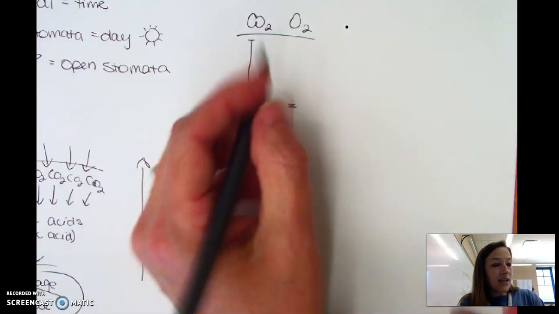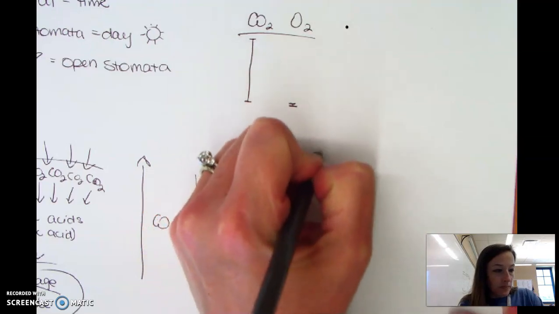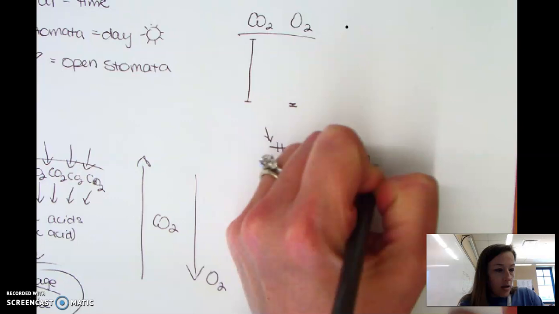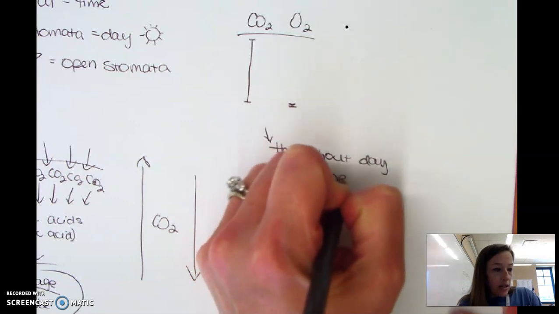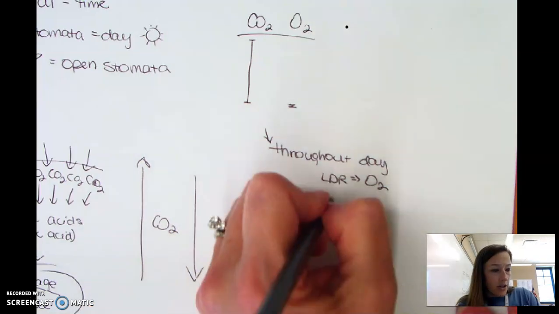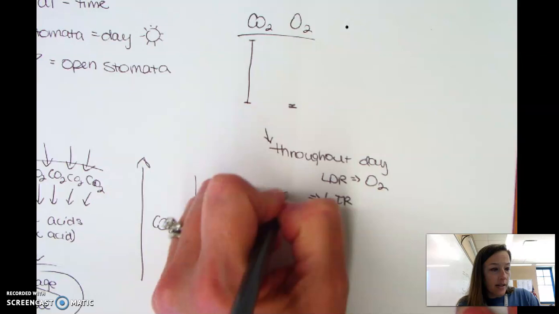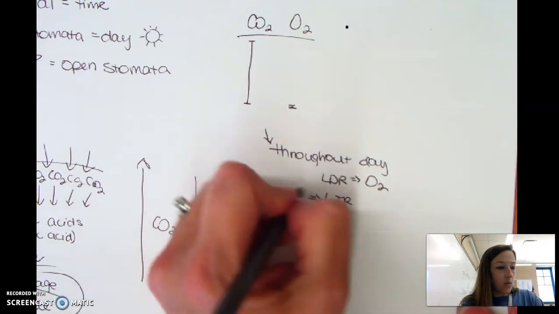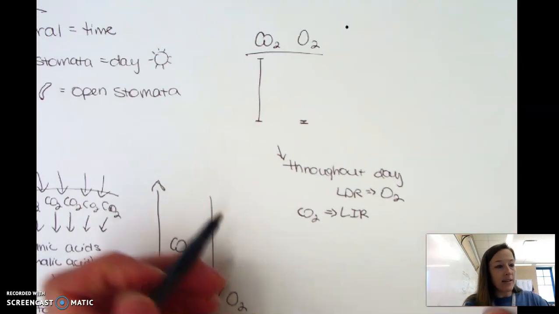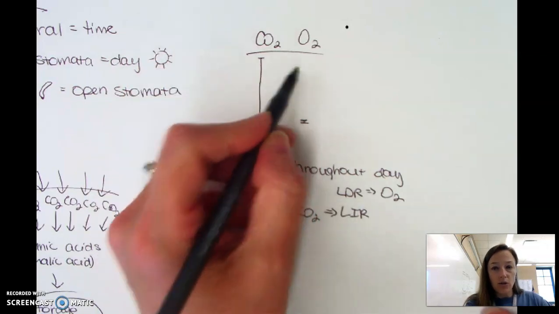Now, as the day goes on, they're going to do the light-dependent reactions, which produce oxygen. They're going to do the light-independent reactions, which require CO2. So what we're going to see throughout the day is this start to drop, and this start to rise.